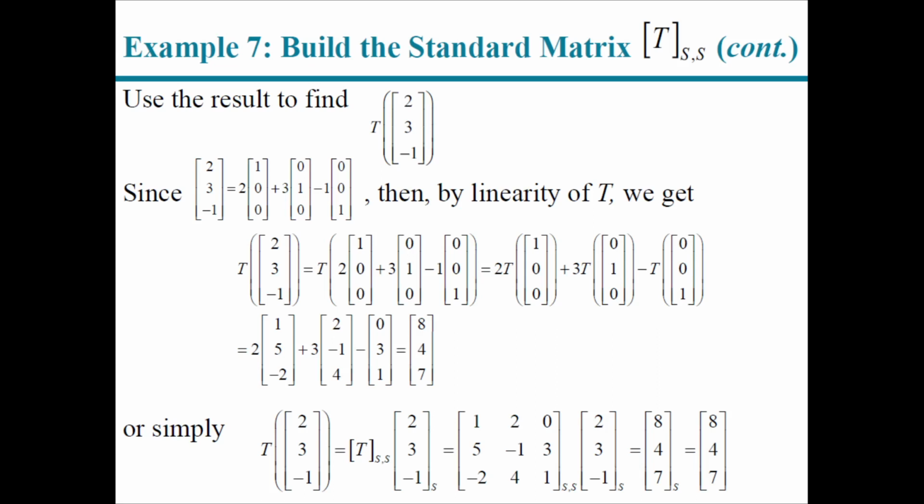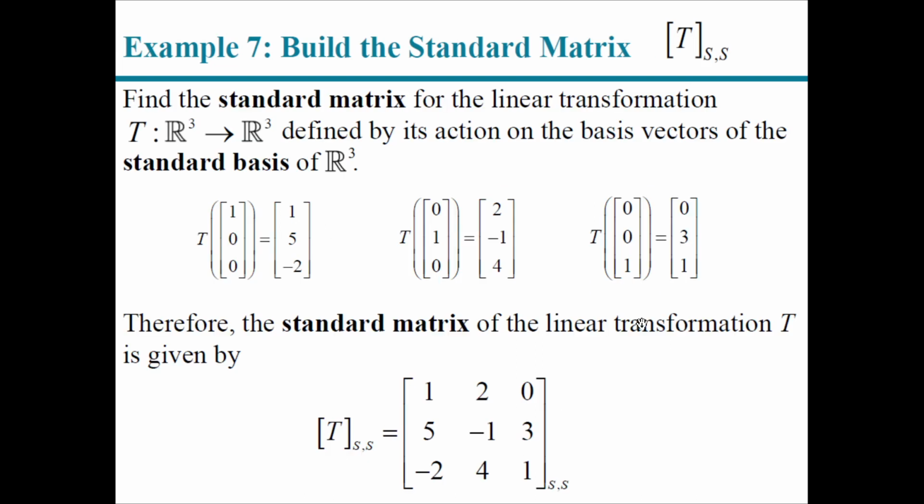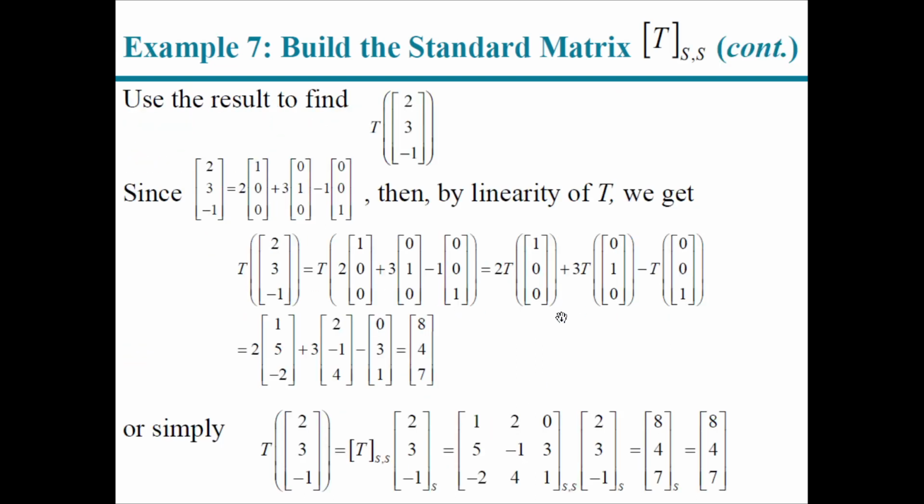Now we apply T to that vector, and by linearity of T, we have T applied to the linear combination, which is equal to the linear combination of images. We are given already the image of the first standard basis vector, and we are also given the images of the second and third. They are given here, so I just use them.